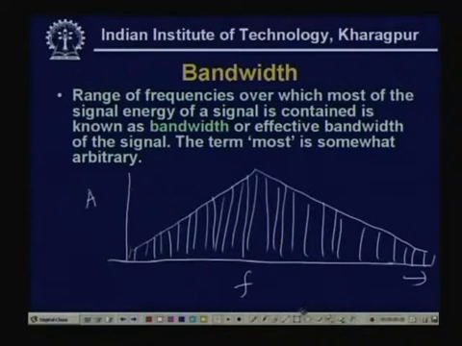However, for all practical purposes, we can remove this portion, and similarly from this side.